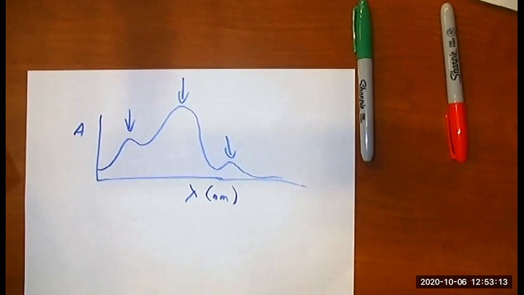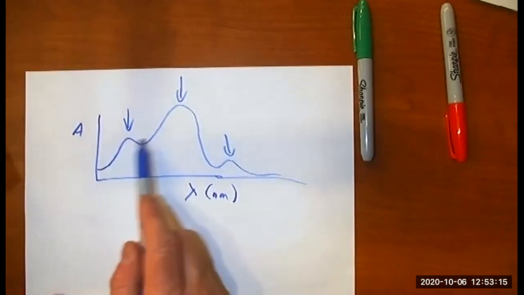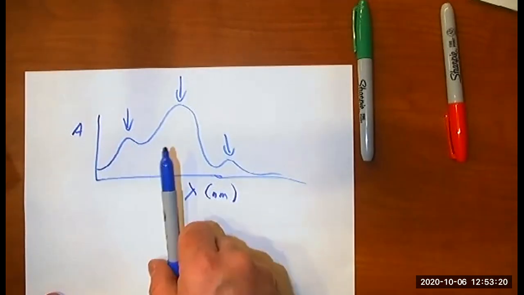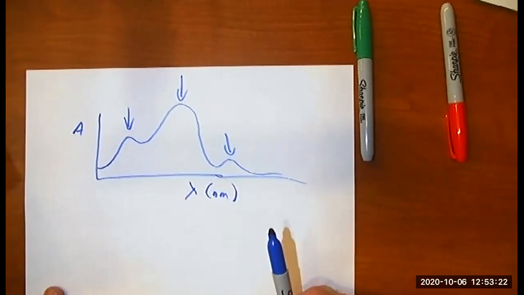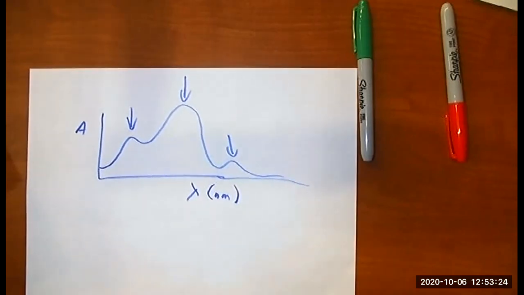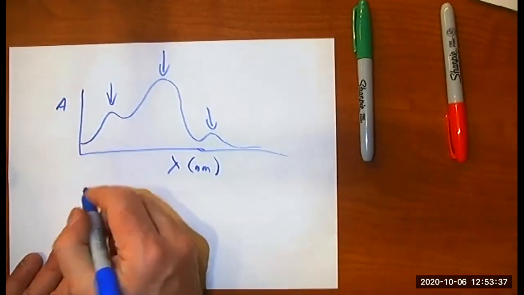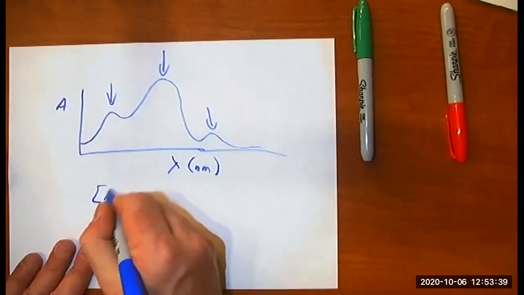In solution, these peaks tend to be very broad. In the gas phase, they tend to be individual lines. We're not going to get into why that is in this class. The thing that is important about spectroscopy from the perspective of kinetics is that there's a connection between the concentration of your species.